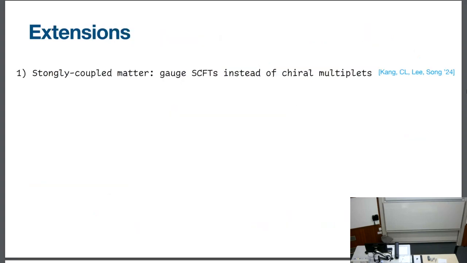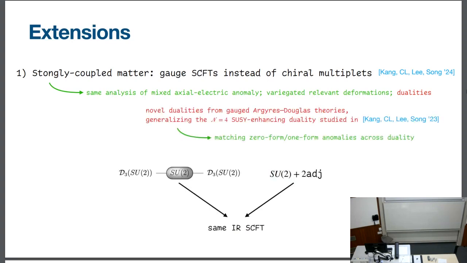Okay, quickly looking at the extensions. There was no reason to consider gauging chiral multiplets together. We could gauge superconformal field theories together, sometimes called strongly coupled matter. And you have a much richer spectrum of relevant deformations. You can see things about dualities and start matching these mixed anomalies across dualities.